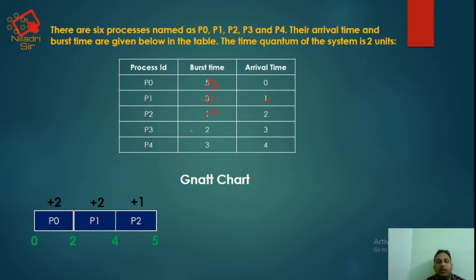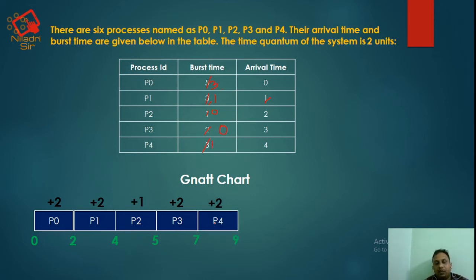Next P3 will be executed, and P3's burst time is equal to the quantum time, so P3 will execute for 2 microseconds. Next one is P4. P4's burst time is greater than the quantum time, so it will execute for the quantum time, that is 2, and it will remain 1.